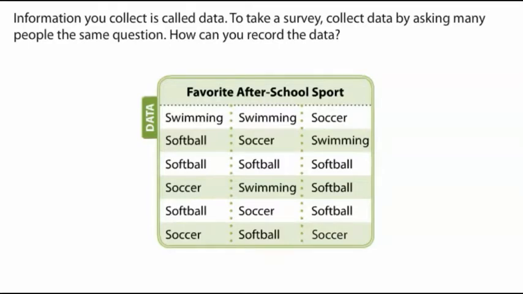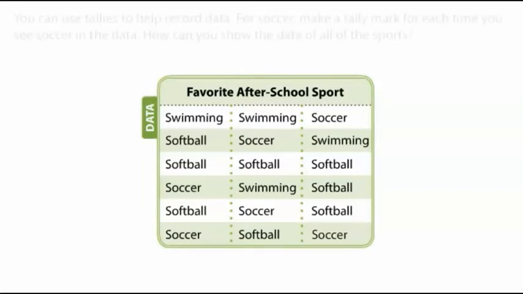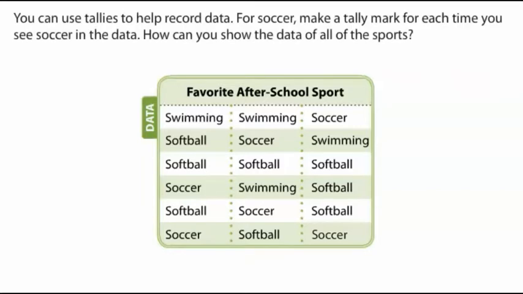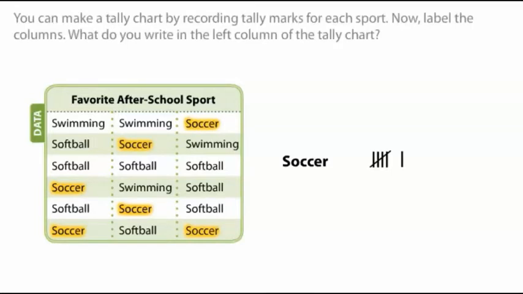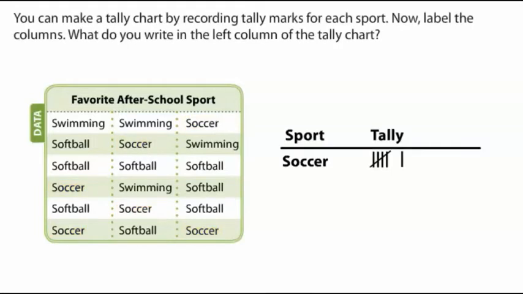How can you record the data? You can use tallies to help record data. For soccer, make a tally mark for each time you see soccer in the data. How can you show the data of all the sports? You can make a tally chart by recording tally marks for each sport. Now, label the columns.